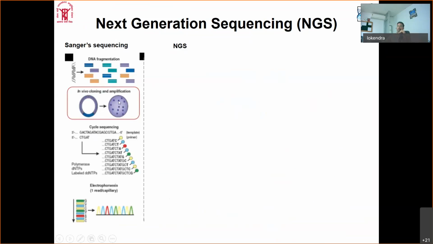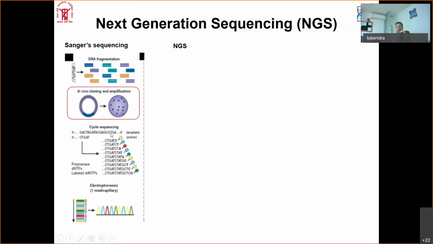These clones can be screened, generally by blue-white selection in bacterial cloning vectors, and you ultimately identify colonies which are positive or negative. If they are positive, you take out those clones and prepare the plasmids, and with the help of known plasmid sequences, you can identify those unknown sequences.